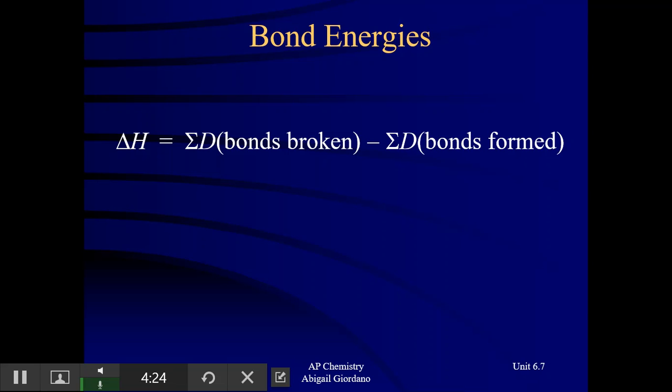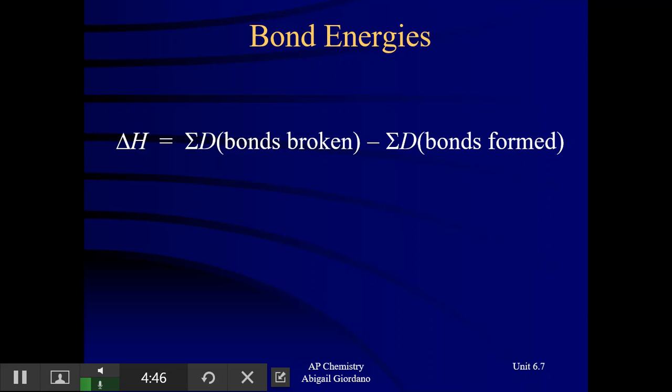And that is using bond energies that are involved in that chemical reaction. That symbol that you're seeing there, sigma, means the sum of. That capital D is just a variable standing for bond energies.